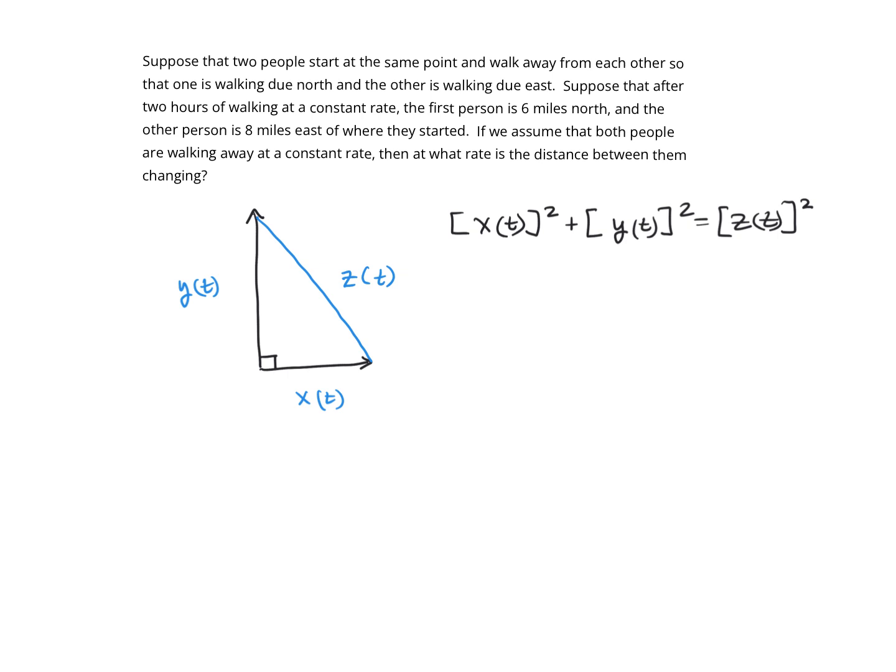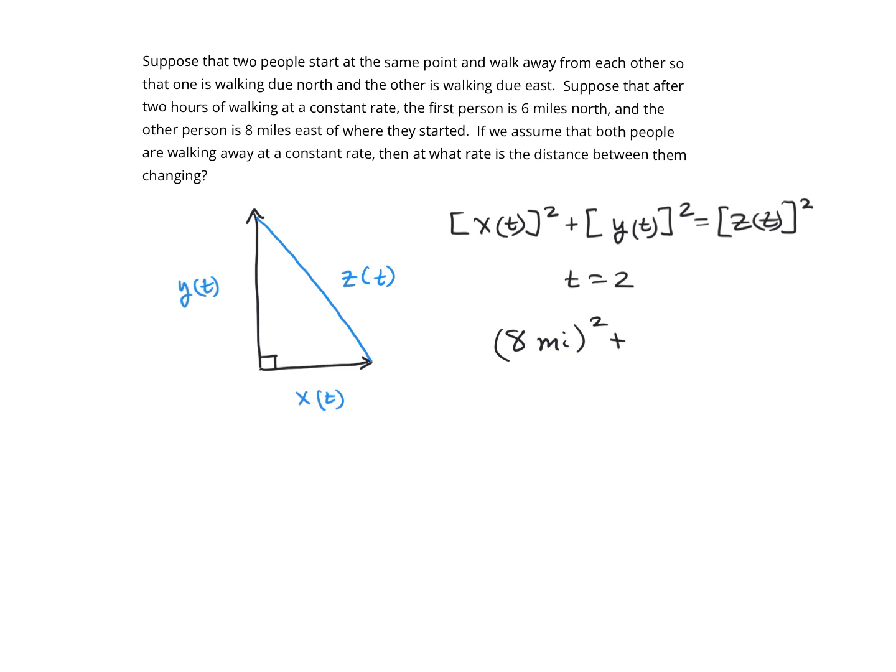So in particular, at this one moment in time, which is the 2-hour mark, we have to have our distances substituted in to find the distance between the two people. So after the 2-hour mark, which is t equals 2, our horizontal distance going east is going to be 8 miles.